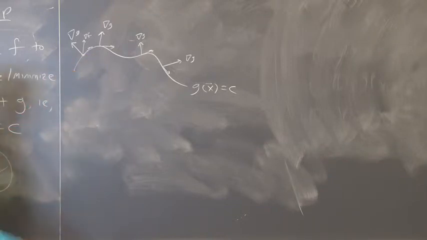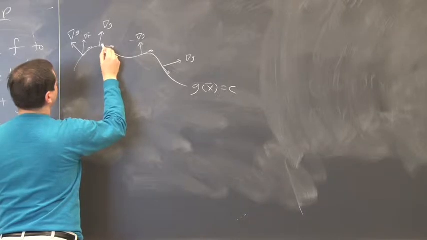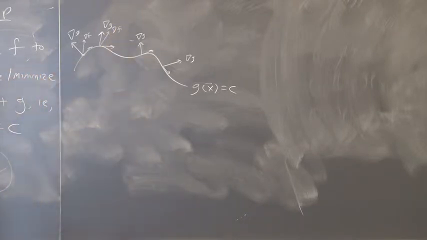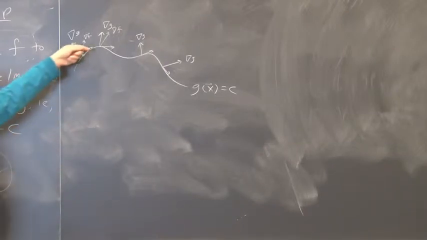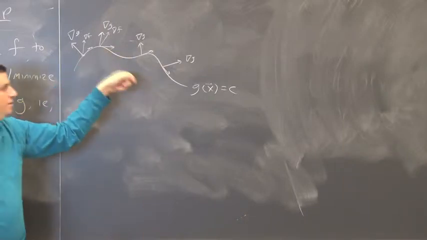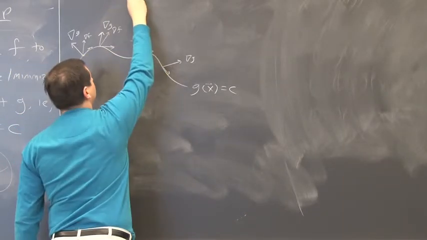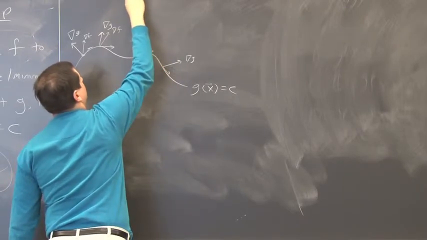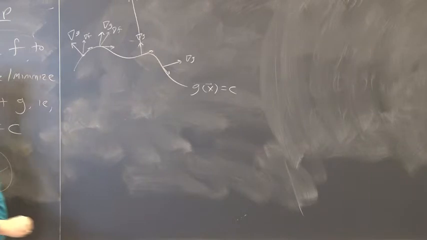Let's keep moving. Over here, let's say my gradient of f is like this. Could I be at a maximum? No. I have something in the direction of the tangent vector. Keep moving. Now I come over here, and imagine my gradient of f. It's enormous. It's huge. It's wonderfully large.